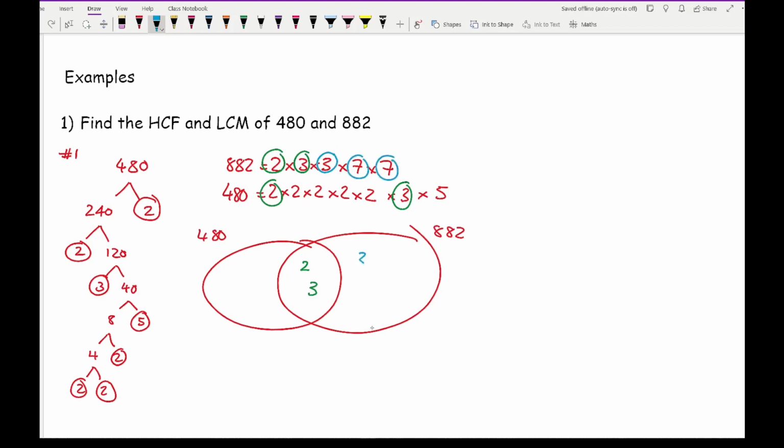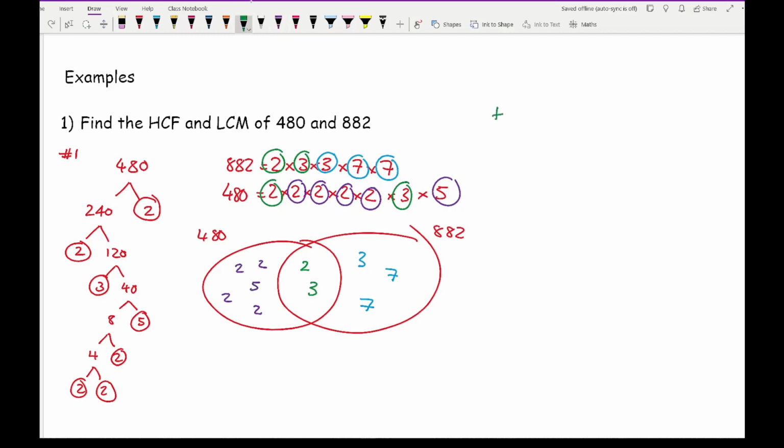So I'm going to write 3, 7 and 7 here. And the numbers exclusive to 480 are 2, 2, 2, 2, so four 2s and a 5. So that there is my Venn diagram completed.